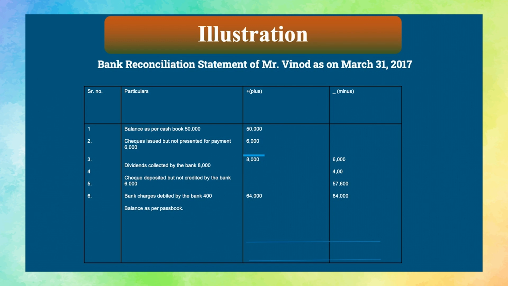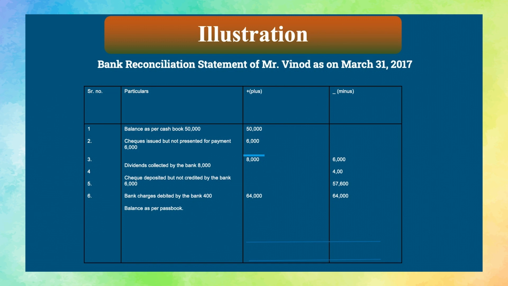In point number 4, checks rupees 6,000 deposited into bank but not credited by bank in our bank account. Therefore, our bank account short by rupees 6,000 and we will deduct in cash book to reconcile with passbook.